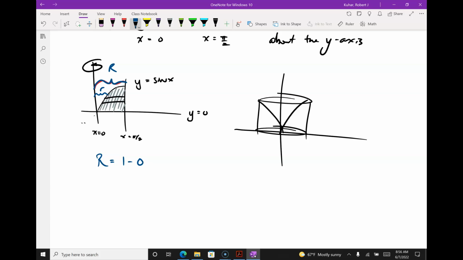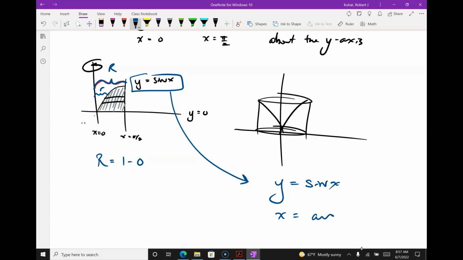And I've got a problem here, right? Because I'm doing this in terms of y. I have to solve my equations for x. So how do I solve this for x? Very good, class.